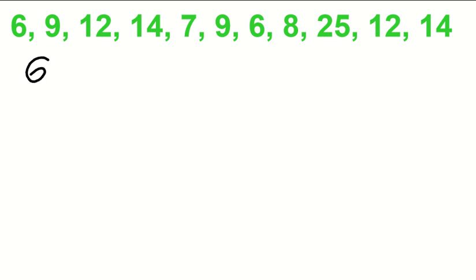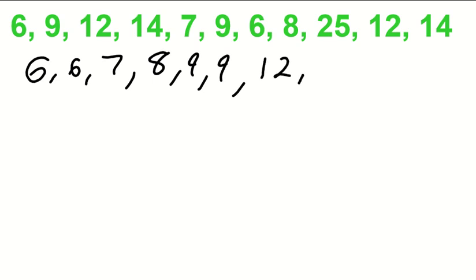So we got, let's see, 6, 6, 7, 8. Oh, did I miss one? Two 14s. And that's the other problem. I should have been checking those off as I go, like I've said before. But you do want to always double check, make sure you didn't miss one like that.